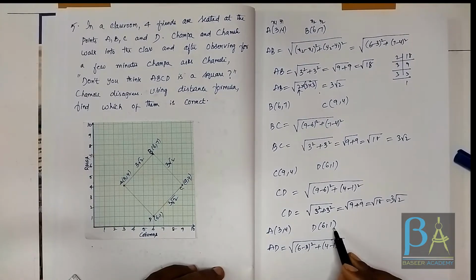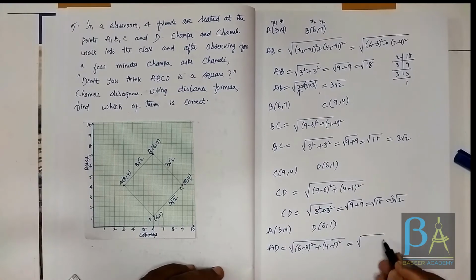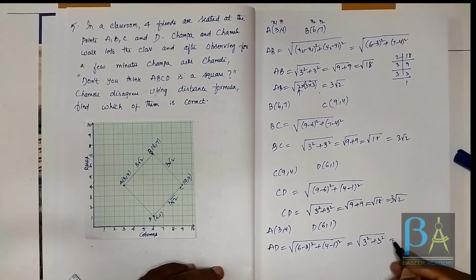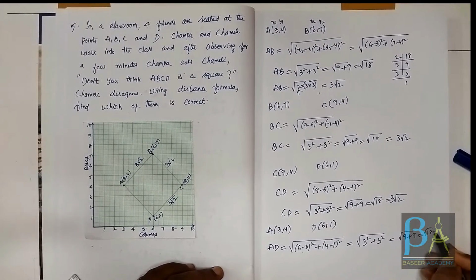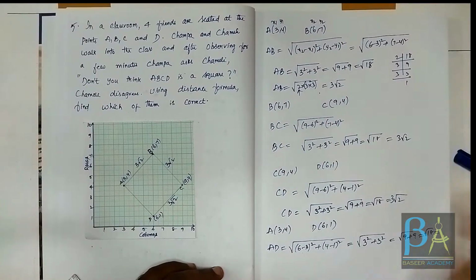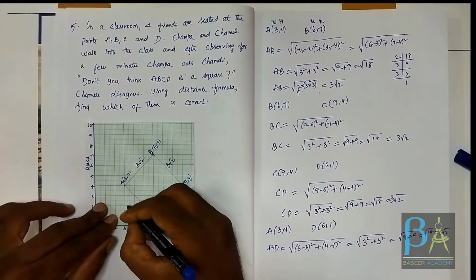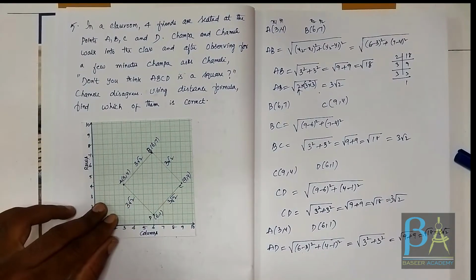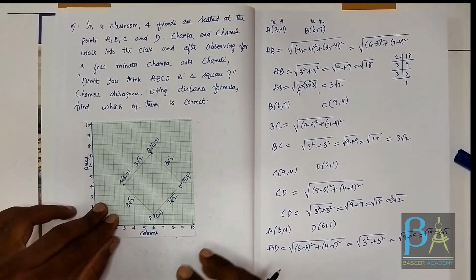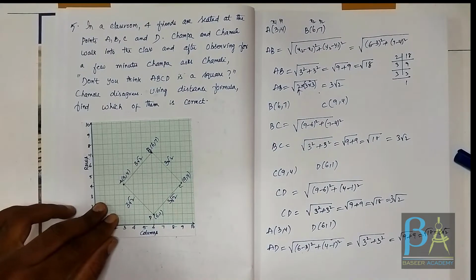From the bigger number I subtract the smaller number. Now what happens? 6 minus 3 is 3, square as it is. 4 minus 1 is 3, 3 square as it is. 3 square is 9, 3 square is 9, 9 plus 9 is 18, and square root of 18 is nothing but 3 root 2. So again, AD, the distance between point A and point D, I ended up getting as 3 root 2. So we see that all the four sides are equal.